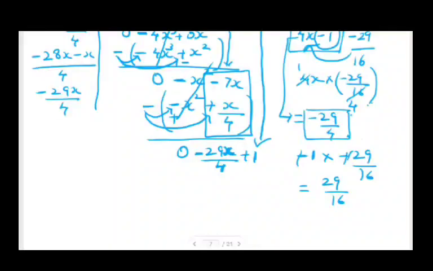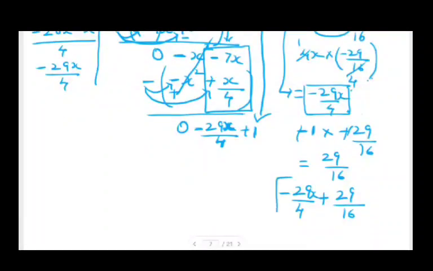Here. So it looks like minus 29 upon 4 and plus 29, minus 29x. So here we have the x upon 29 upon 16. So this is the complete expression.